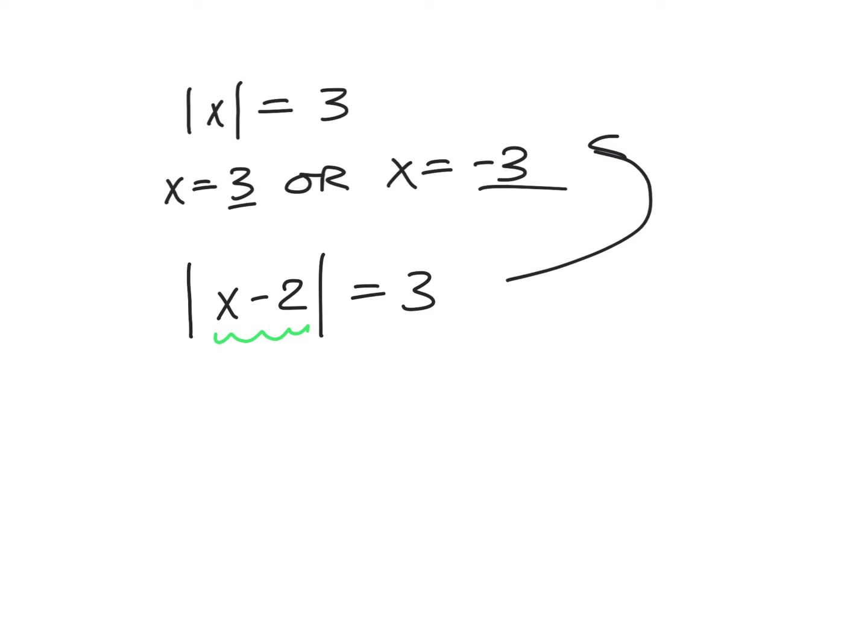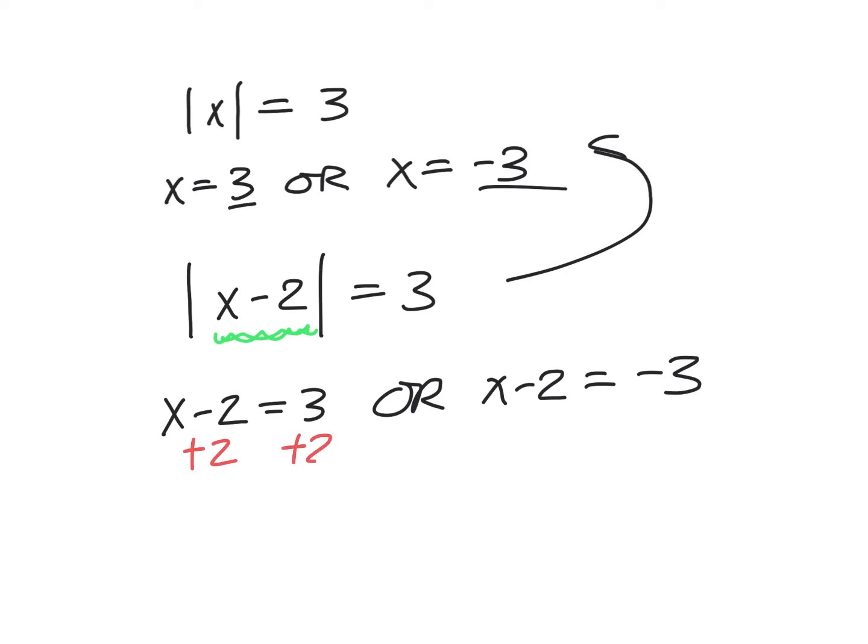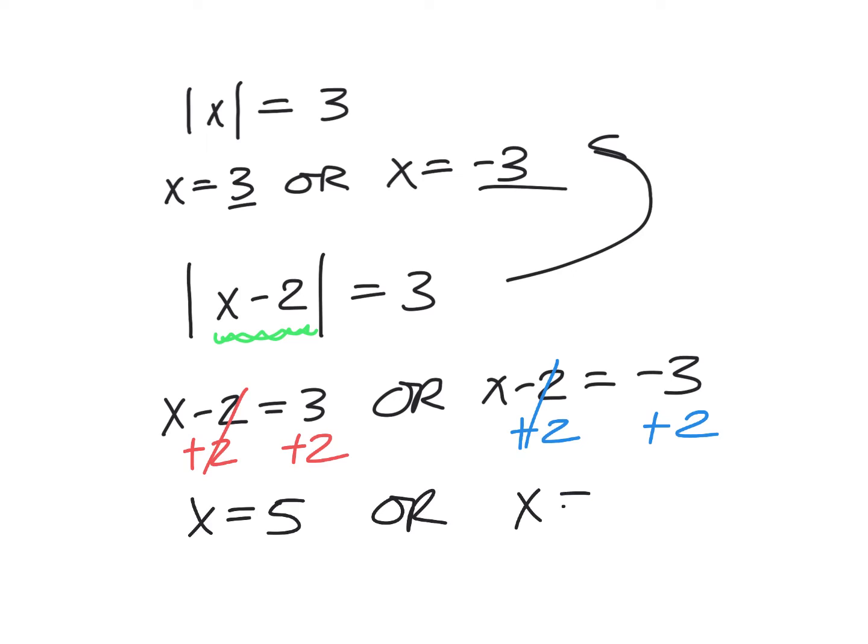We take what we have inside the absolute value, x minus 2, and set that equal to 3, or, again, take what's inside, x minus 2, and set that equal to -3. So you've always got two cases. You've always got where it's equal to +3 or -3, just like we did on the previous slide. Now it's just a matter of solving each. So I add 2, add 2. Here x equals 5. Or do the other case, add 2, add 2. Here we get x equals -1.